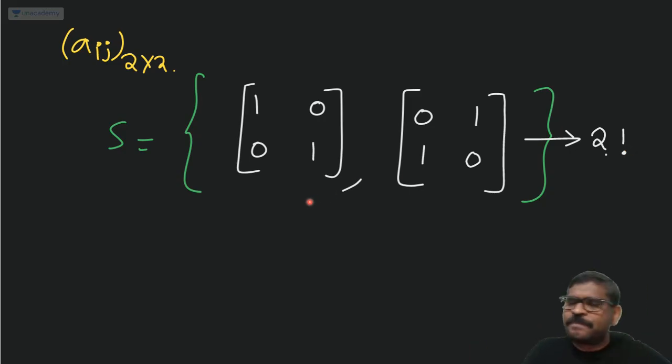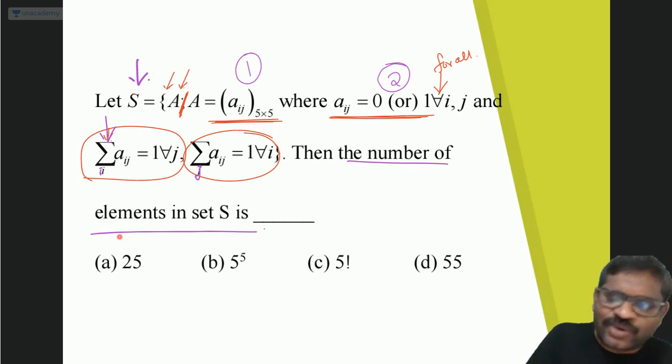Now tell me, if your matrix is 5 cross 5, how many distinct matrices? The answer is 5 factorial.